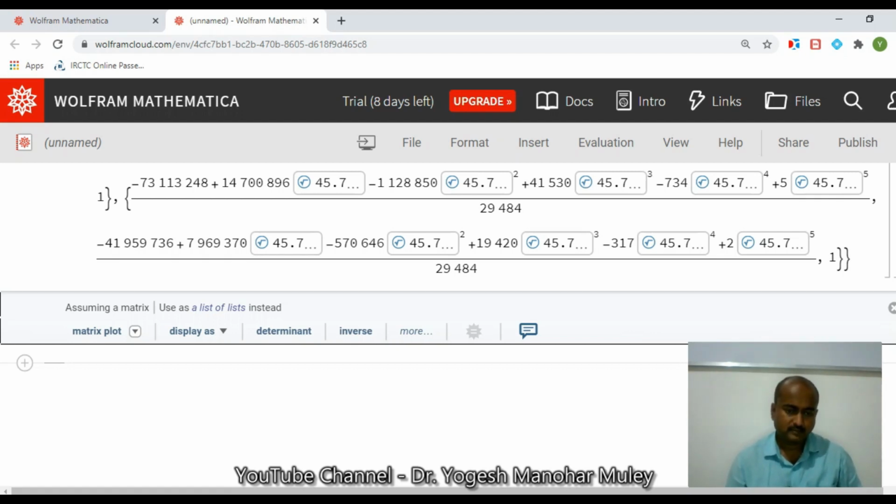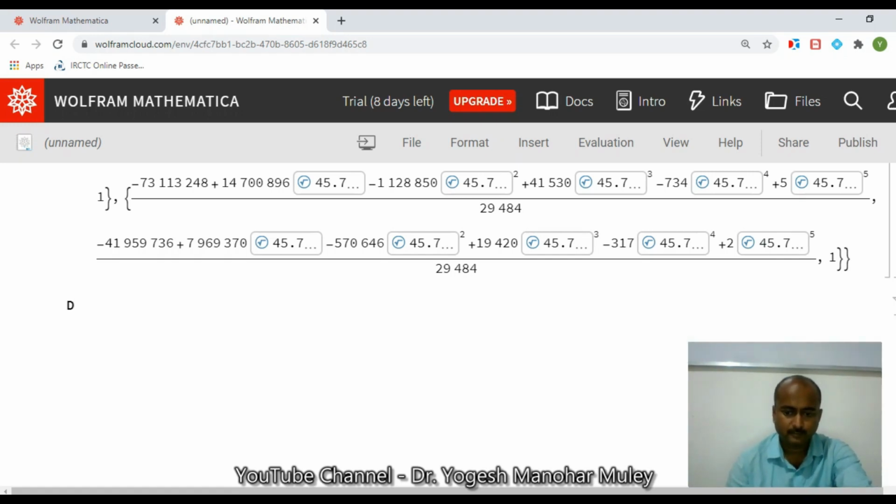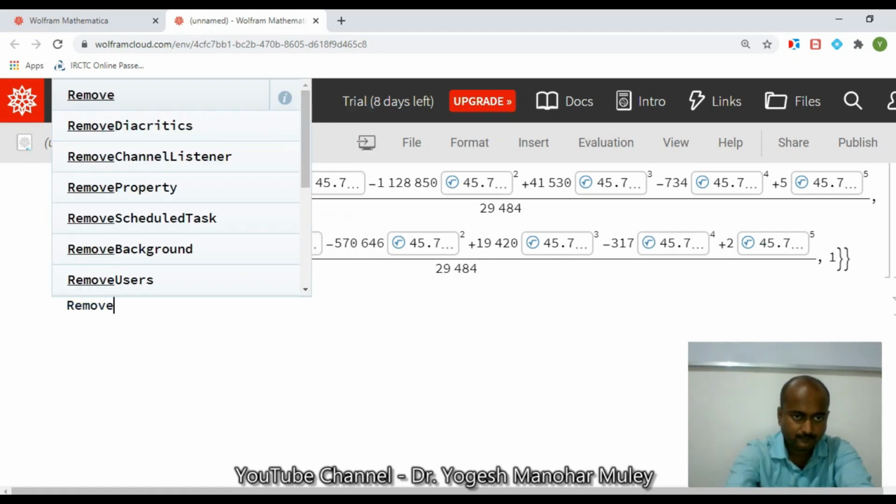Now at last we are going to find some derivatives and integration. So for a derivative I will use capital D with square brackets, x raised to 6, comma, x. Now, we already have x, so we will remove the first x.